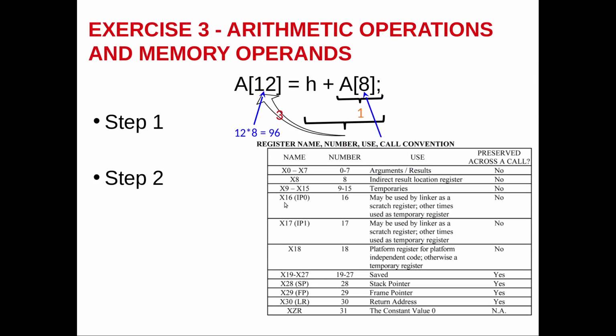We will do the same as in the other exercise, and we can see that we can use temporary registers X9 to X15 and X19 to X27 as the registers to store the data from the memory or from the temporary, as well as the value of H.